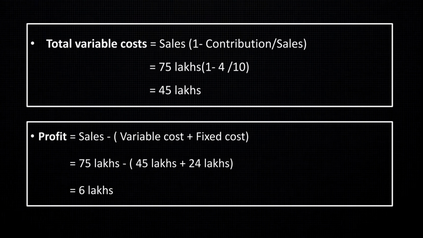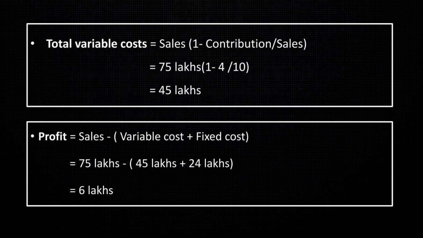Sales is 75 lakhs into 1 minus 40 divided by 100, that is 4 by 10. By calculating, we get a total variable cost of 45 lakhs.